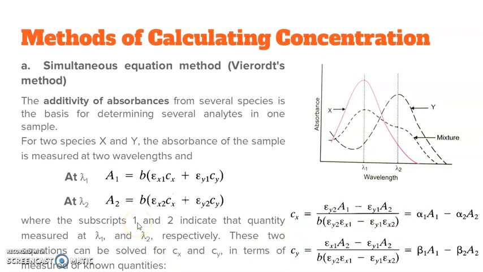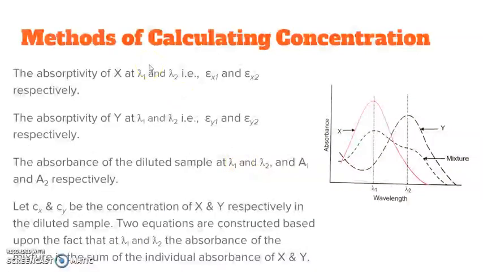I would like to emphasize this with one small example. Let us imagine that X and Y are two different drugs which are present in the same tablet. For example, let X be paracetamol and Y be ibuprofen.